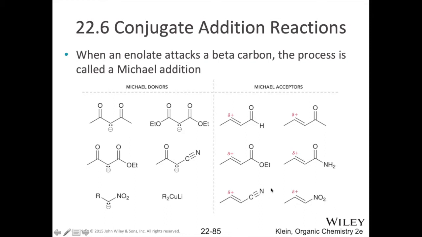Again, with a nitrile or a nitro group, those are taking us a little bit away from our traditional carbonyl based compounds, but again, we see similar reactivity there. We have that beta position that is particularly electrophilic and welcomes an attack from those Michael donors.